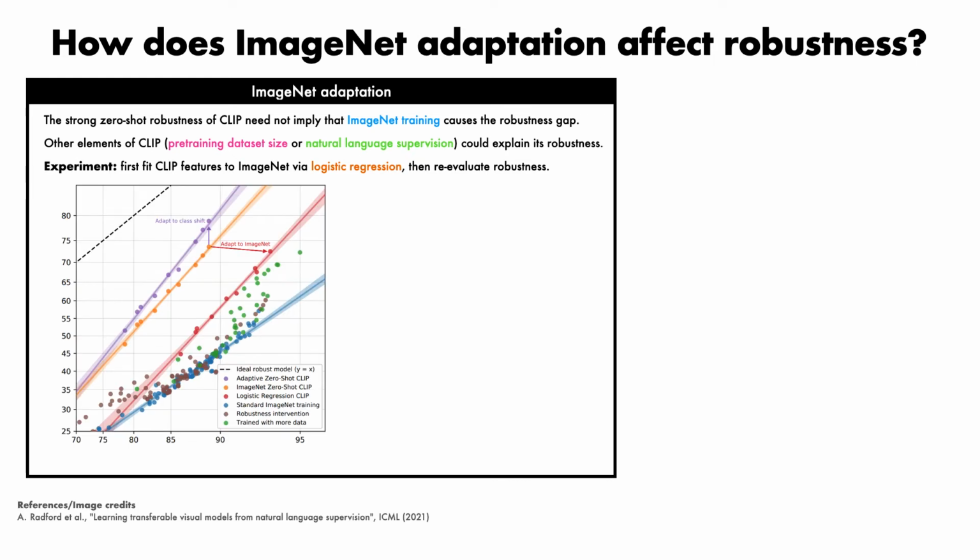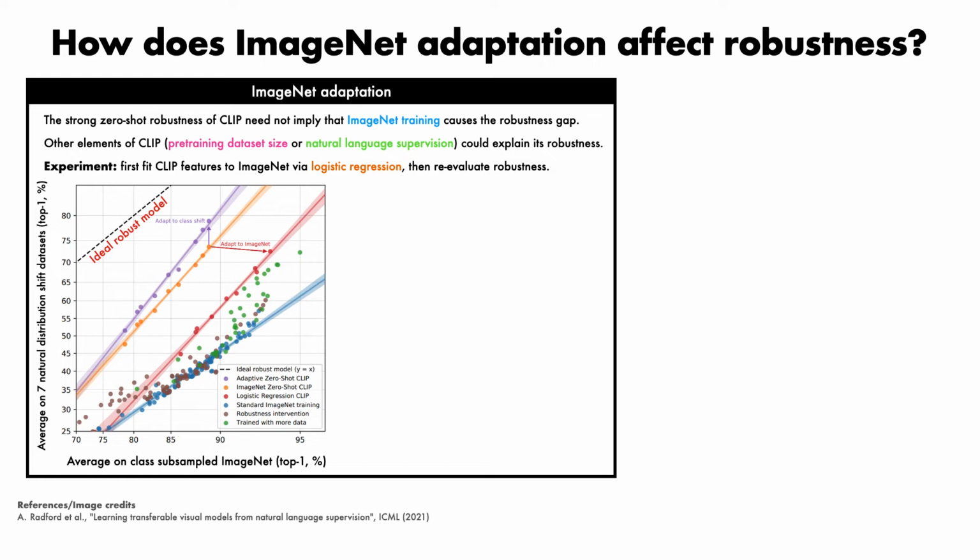This plot shows the result of the experiment. As before, the x-axis indicates average top 1 class accuracy on subsampled ImageNet, while the y-axis denotes average top 1 accuracy across the 7 natural distribution shift datasets. Again, the dashed line indicates an ideal robust model with no loss of performance on the distribution shift datasets.